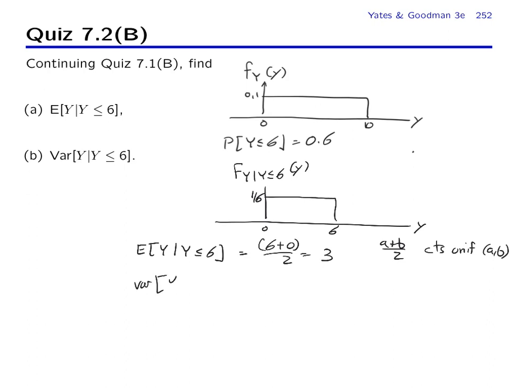Similarly, for the variance of Y given Y is less than or equal to 6, given Y is less than or equal to 6, Y is continuous uniform 0 to 6. That's what we see in this PDF. And so we can simply write down that this is (6 minus 0) squared over 12, which is also equal to 3.